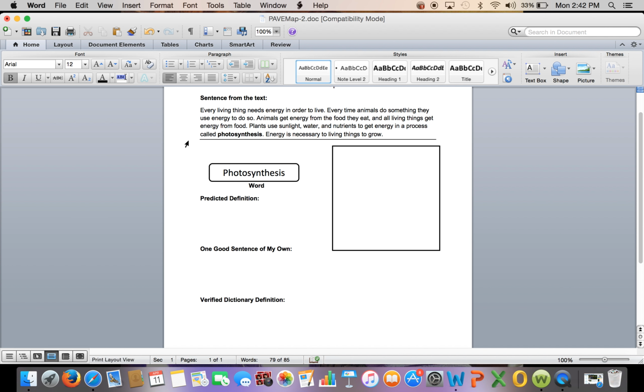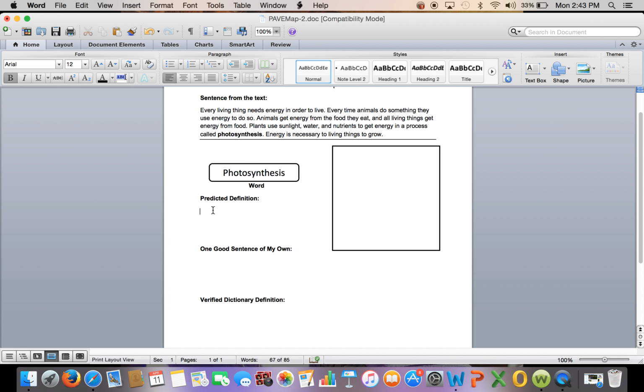So our vocabulary word for this is photosynthesis, which you'd have the students write in this box. And now you're going to do the first step of the PAVE procedure, which is to predict the definition of photosynthesis.